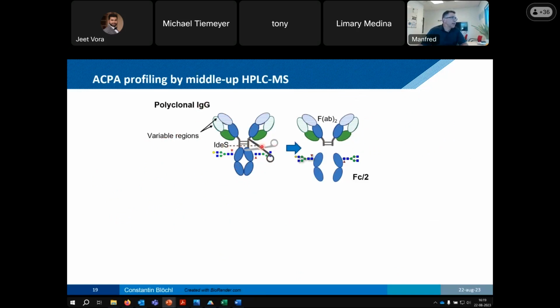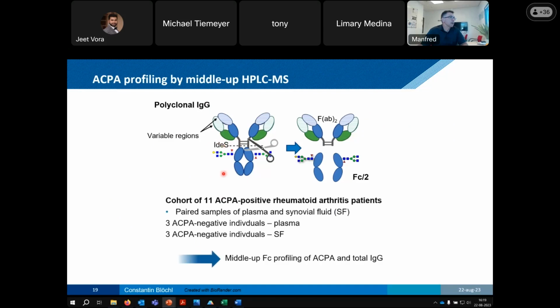For that, we cleaved the hinge region with IdeS, this enzyme, and Konstantin Blöchel, who is on the call, was leading this, or mainly performing these assays. We had a very valuable patient cohort of 11 rheumatoid arthritis patients, for which we had not only plasma, but also fluid from the inflamed joint, so synovial fluid. So we could look at the site of inflammation, what is the antibody repertoire there.